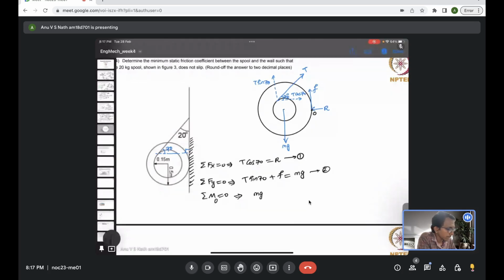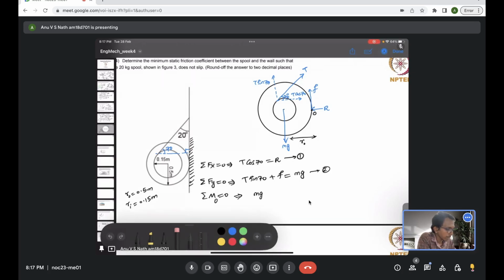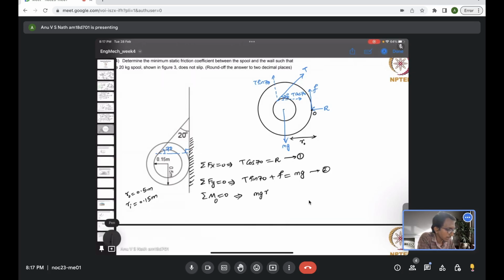I would call that R outer. R outer is 0.5 meter, and the inner circle radius Ri is 0.15 meter. We'll substitute them later, I just use the notation right now. So the moment arm for the force mg is R outer, and this is creating a counterclockwise moment about the point O.